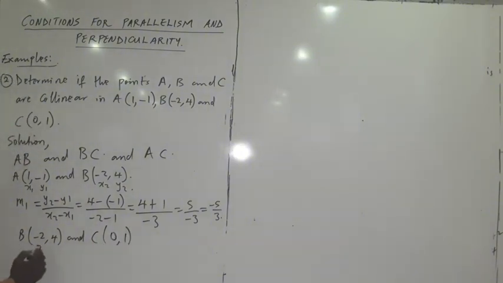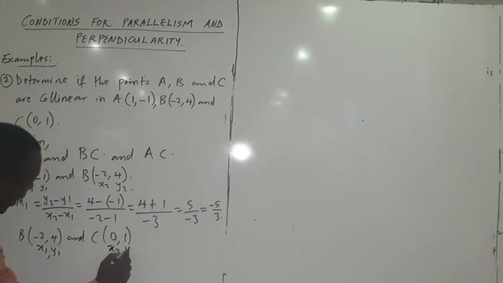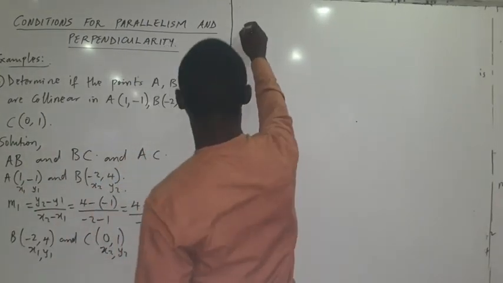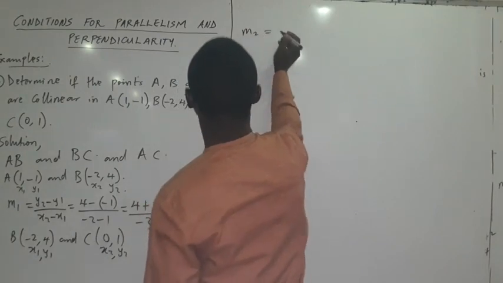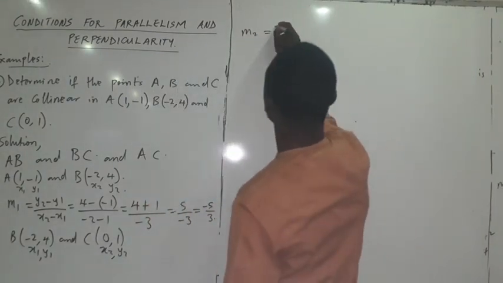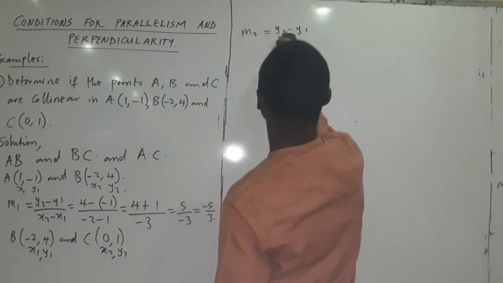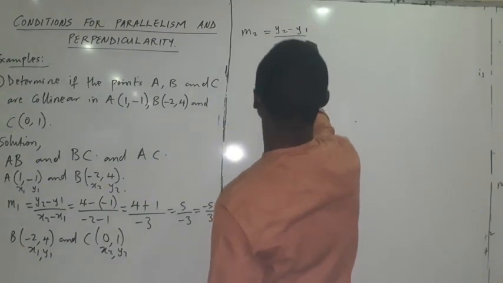So we have x1, y1, x2, y2. From here now, m2 is the gradient of BC. So m2 is the same thing as y2 minus y1 all over x2 minus x1.